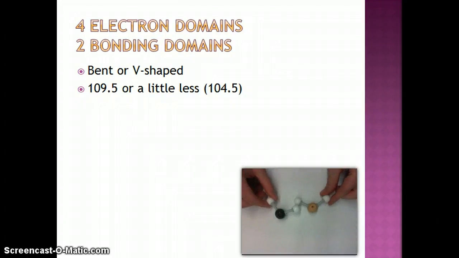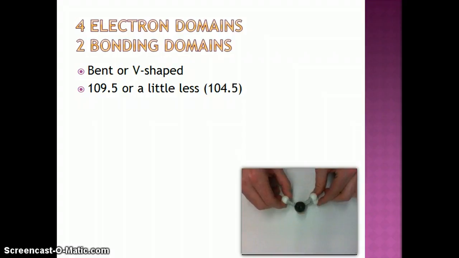Let's overlap them, and you'll notice that the angle of the one underneath is slightly bigger because that's the one that has 120 degrees. So there are 2 different bents or V-shapes, each with a different bond angle.